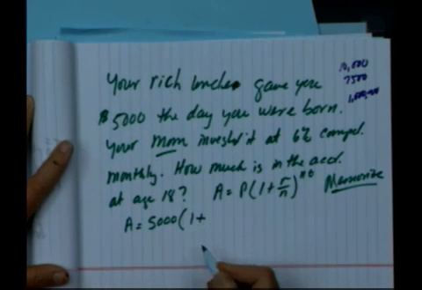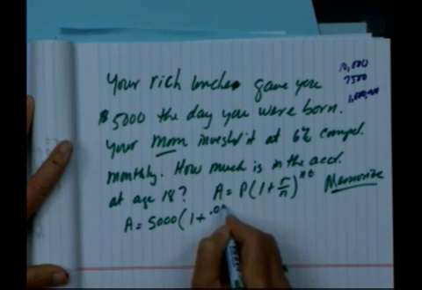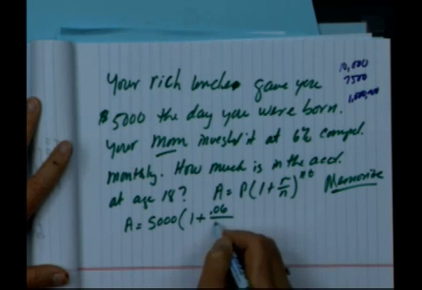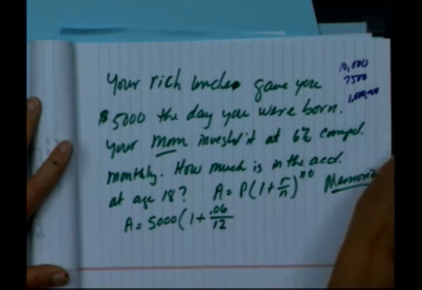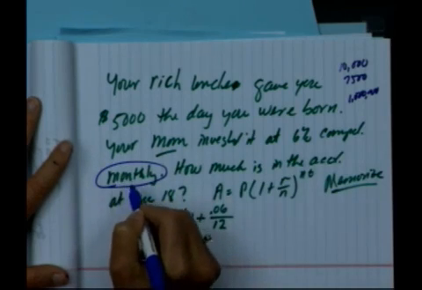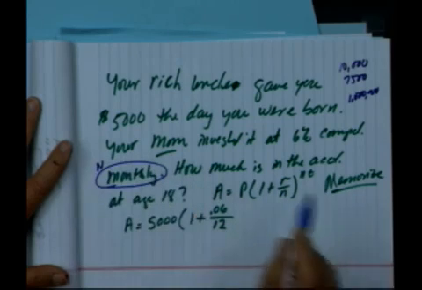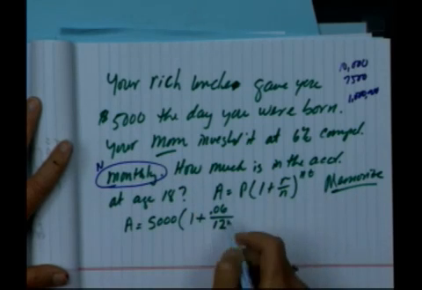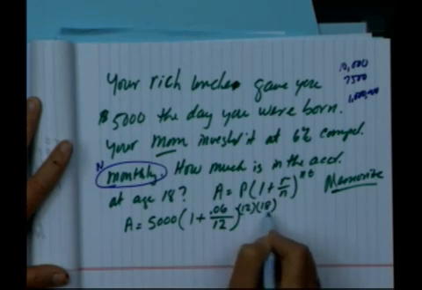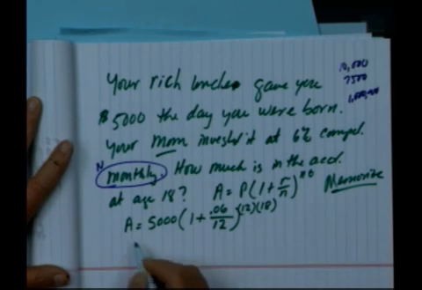What's my R? 0.06. What is my N? 12. Where did that 12 come from? Compounded monthly. How many times interest is tacked on in a year? Okay. And N is 12 and T is 18 because you're going to leave it there for 18 years.